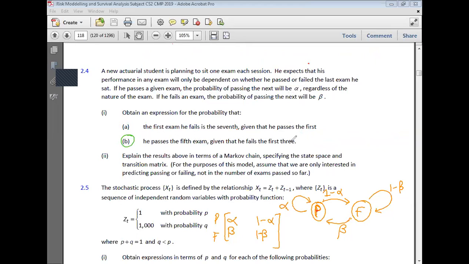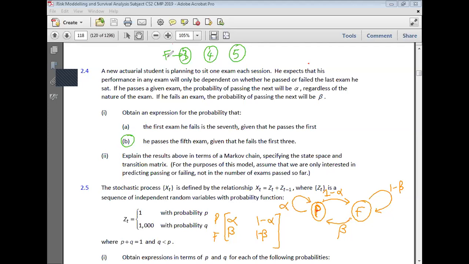He passes the 5th exam, given that he fails the first 3. So we know that he has failed the first 3, and we only care about up until 5. There'll be 2 parts. So I know that when I'm at 3, there will be like 2 parts in this now. Like either 4th exam he'll pass or fail.